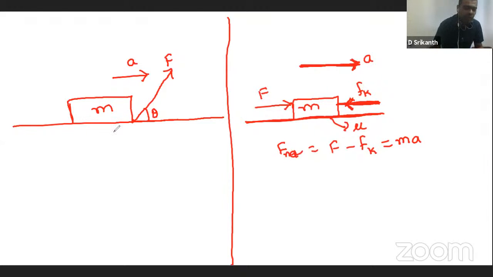Now I want to find what is the work done in displacing the object. So here I want to find out what is the component of the force which is acting parallel to the horizontal surface and perpendicular to the horizontal surface.